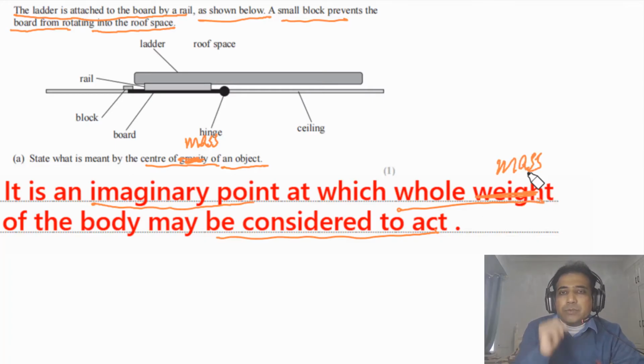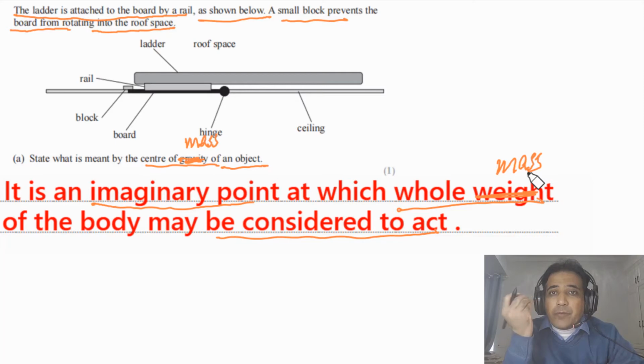So this is how you can also define center of mass. Center of mass and center of gravity play a very important role in design. When we design something, these 2 points are very important to consider. So we need to consider the center of mass of the object when we design any structure.